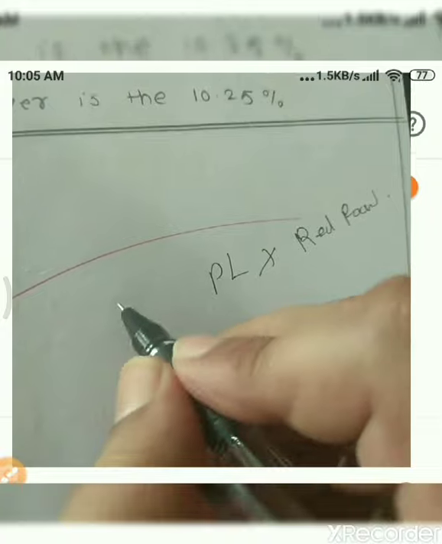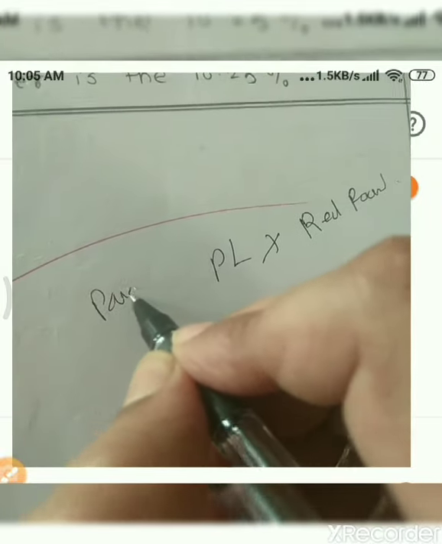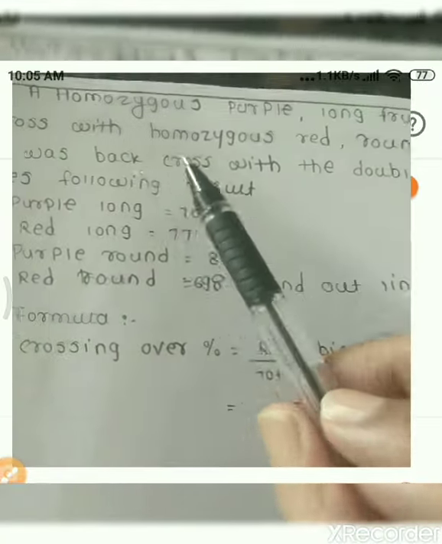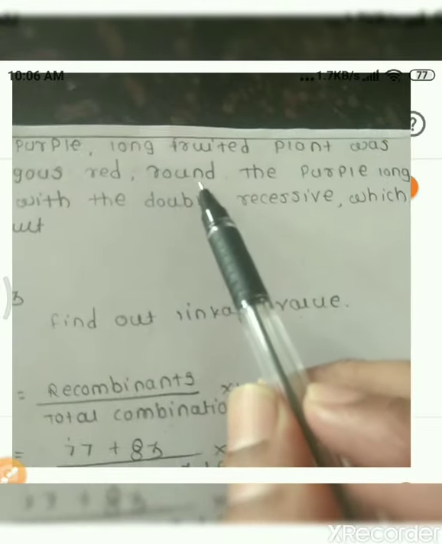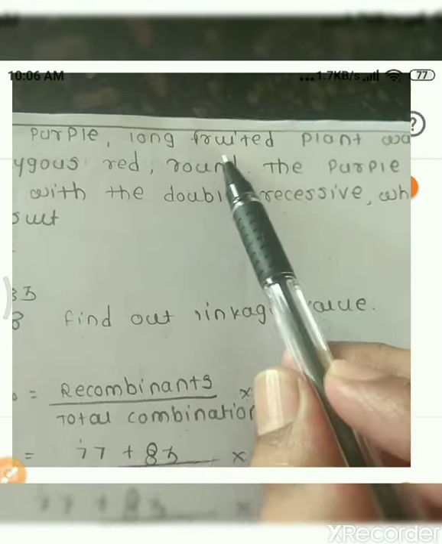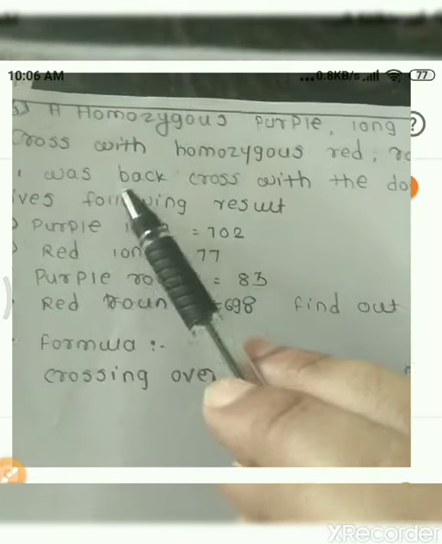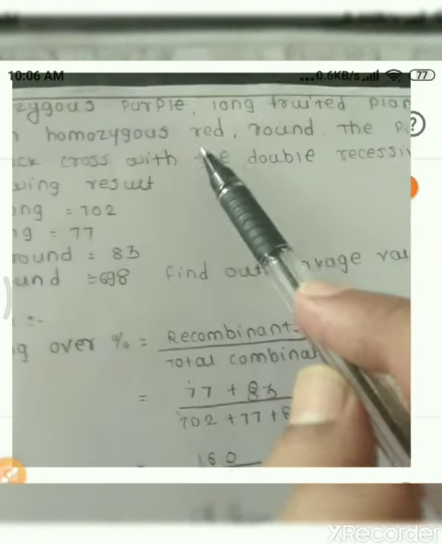So these are our parents. Which is our F1? F1 is what we get when these parents, the purple long fruited plant and the red round, are crossed.